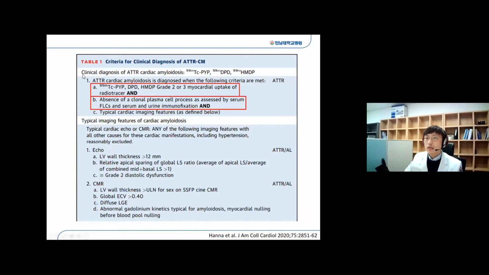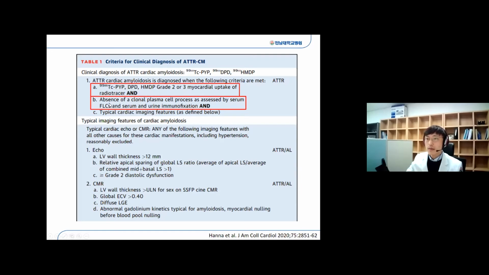So now the clinical diagnosis criteria includes the use of bone scintigraphy, and grade 2 or 3 myocardial uptake, which means the uptake equal to or higher than the uptake of the ribs, can be used for the diagnostic criterion of ATTR cardiac amyloidosis.